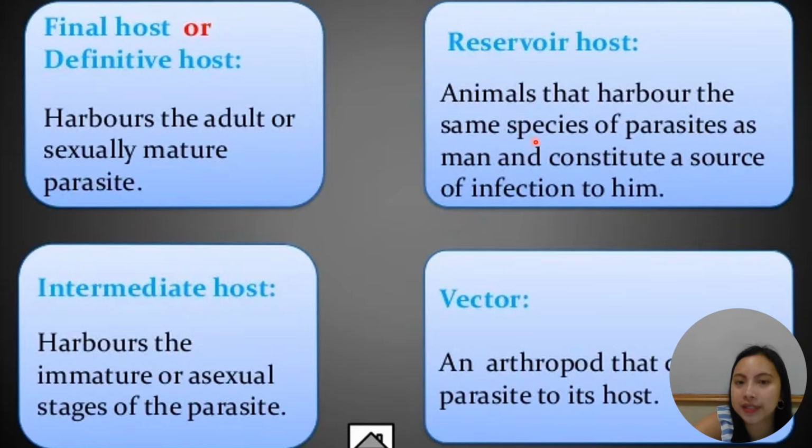It harbors the same species of parasite as man and constitutes another source or a new source of infection to man or to another organism. So the reservoir host is usually animals. And vectors are arthropods that can transport the parasite to its host. So I hope you remember that.